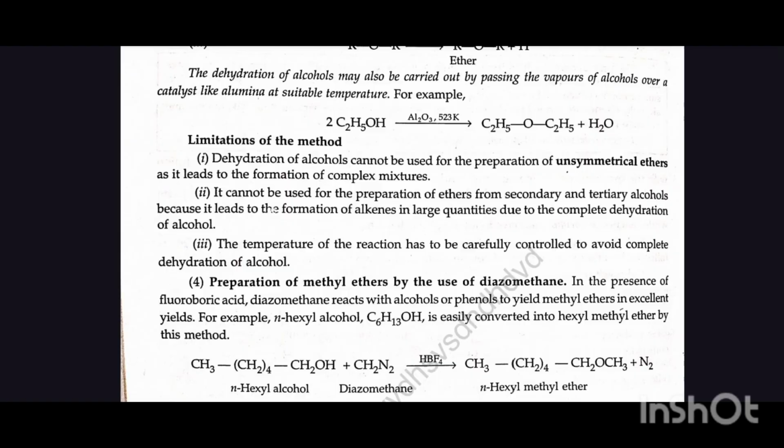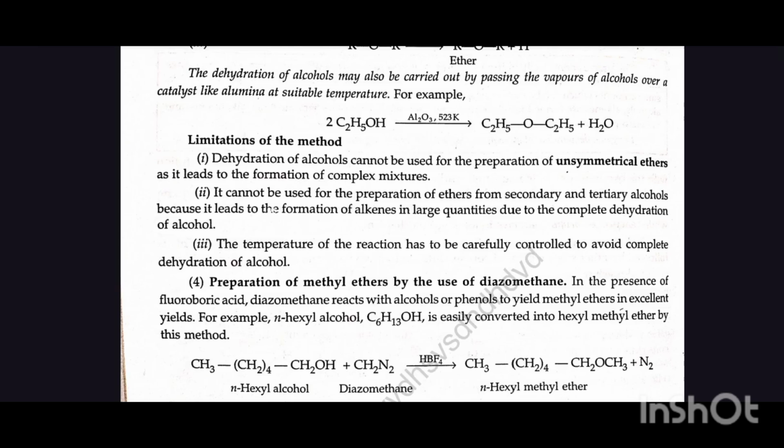Fourth, preparation of methyl ether by the use of diazomethane in the presence of fluoroboric acid. Diazomethane reacts with alcohols or phenols to yield methyl ethers in excellent yields.